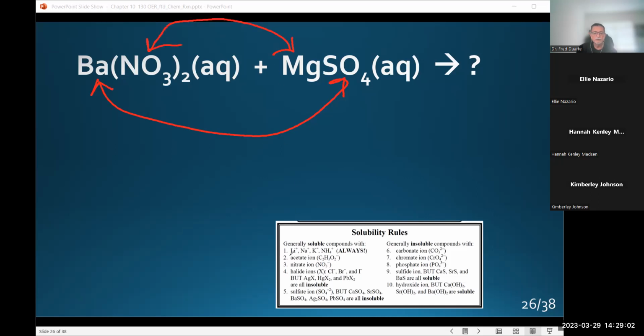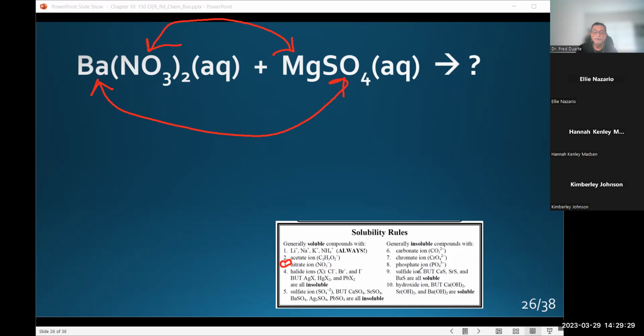If we look at the solubility table, number 3 means that any nitrate, regardless of what it's bonded to, is soluble. So magnesium nitrate, the new compound, would not be a positive reaction.